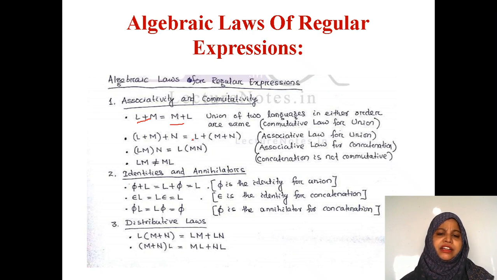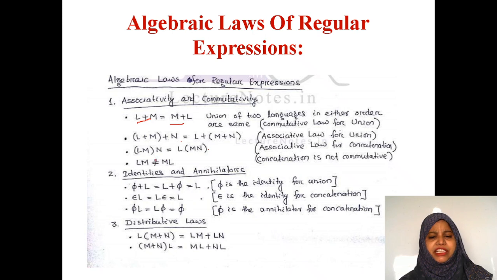This is the associative law for union. Next one is the associative law for concatenation, LMN. First we perform the concatenation of languages L and M, then the concatenation of LM and N. It is equivalent to first performing the concatenation of M and N, then the concatenation of L and MN. Here concatenation is not commutative.